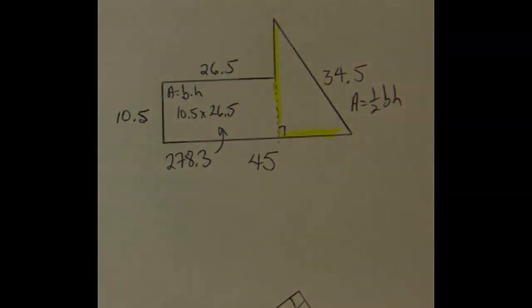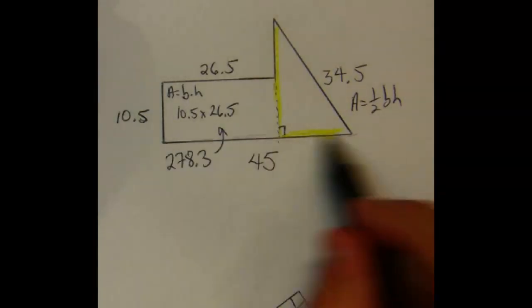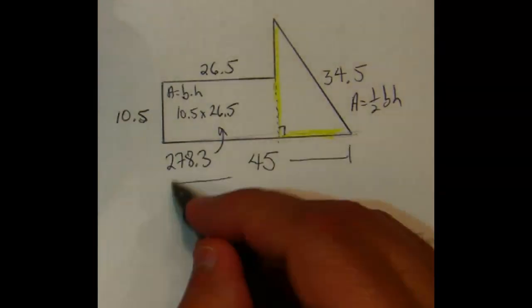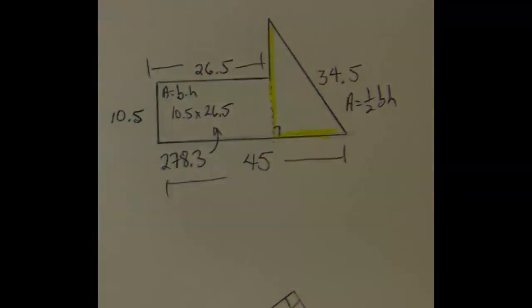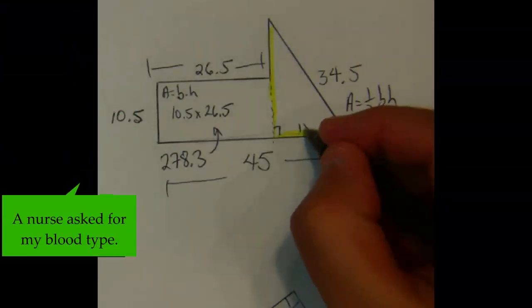So let's see what we do have. 45 is from here to here. 26.5 is from here to here. If you simply take 45 and subtract 26.5, you're going to get 18.5 right there.